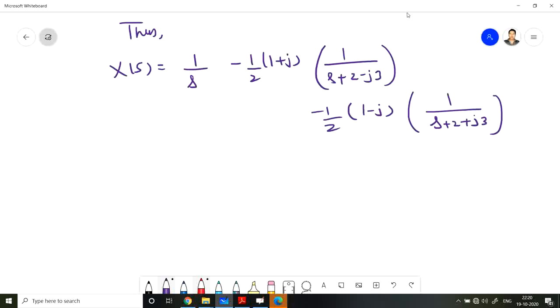Now we can see that the ROC is the real part of s greater than 0.